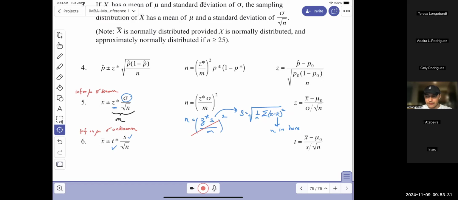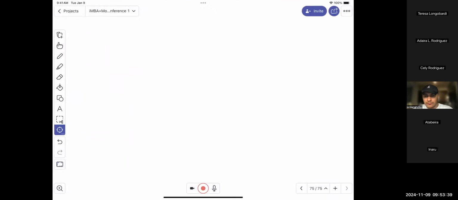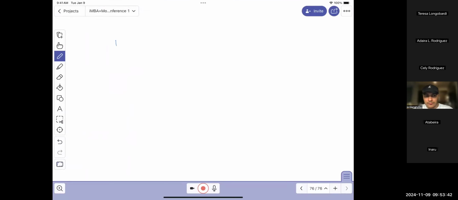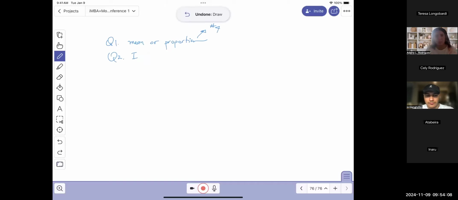Any questions about what I'm saying here? Okay, so in summary, first step, question 1, you check out if it's a mean or proportion problem. If it's a proportion, you just go to row 4, right? If the question is about the mean, all right, let me do it like this.